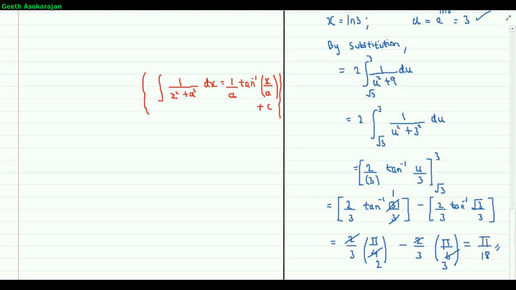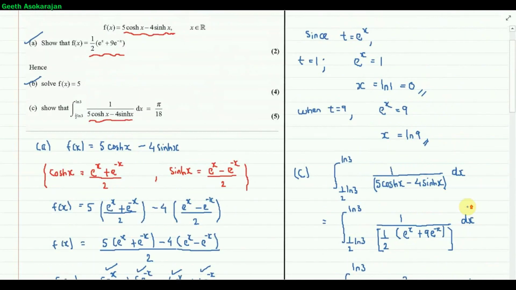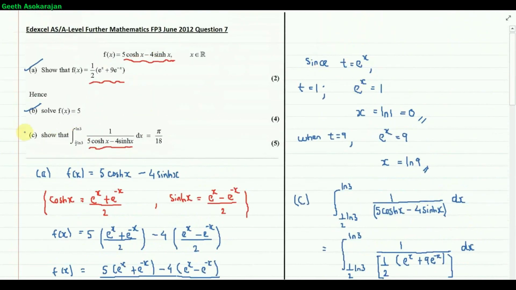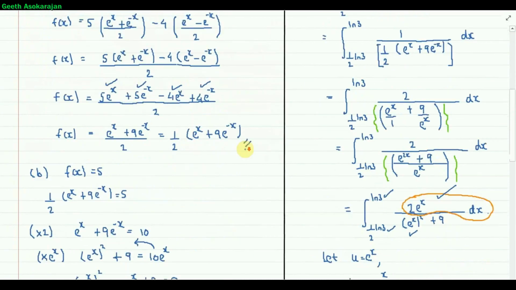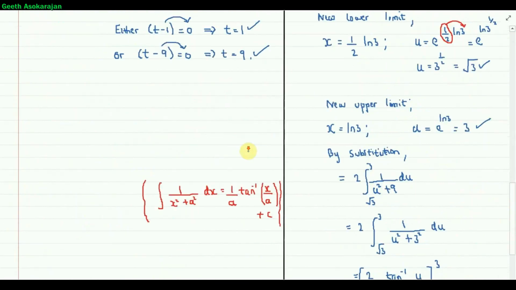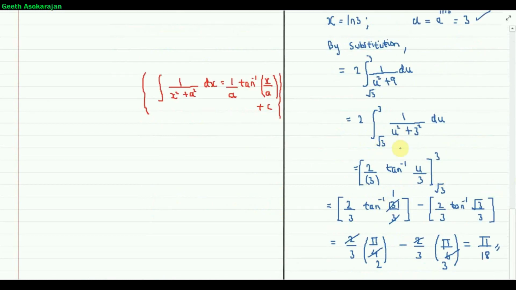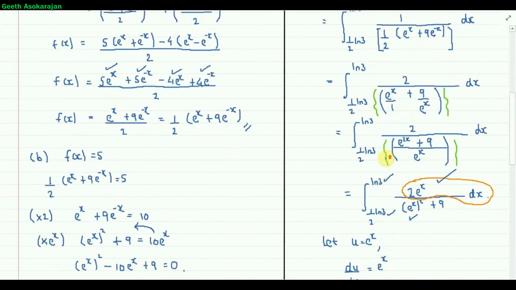As you can observe, this is exactly what we need to show as part of part C. So that completes part C, and not only that, it completes the question in its entirety.